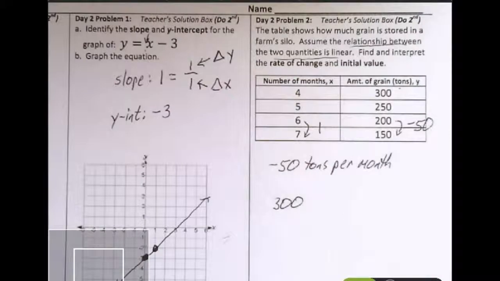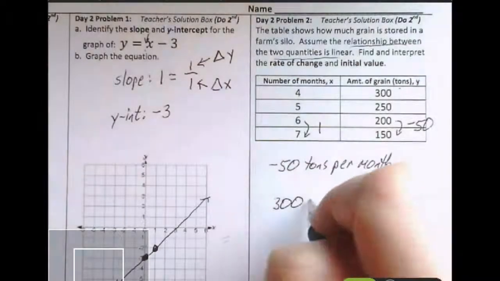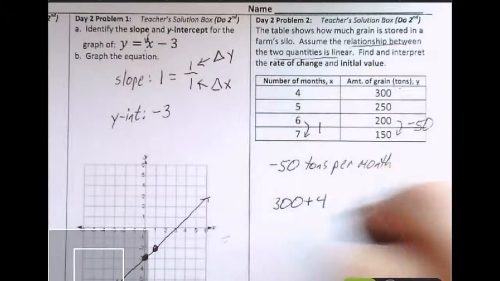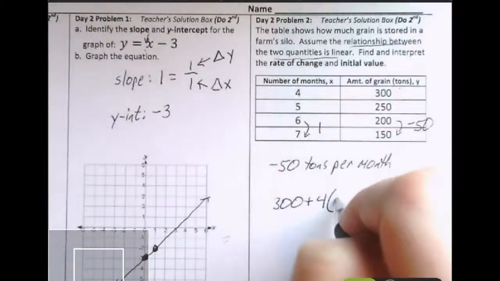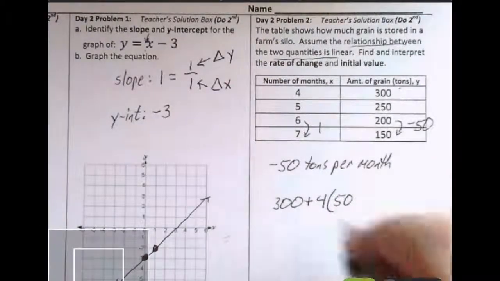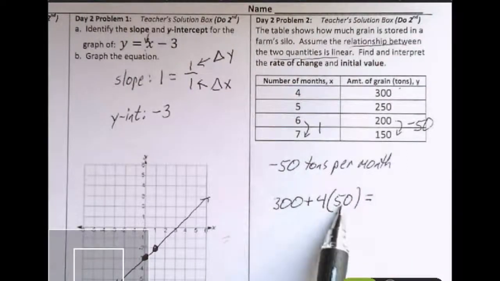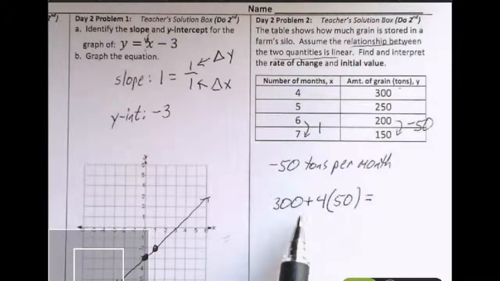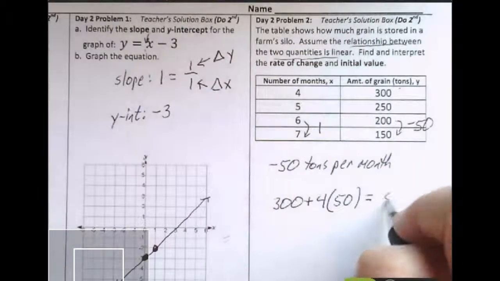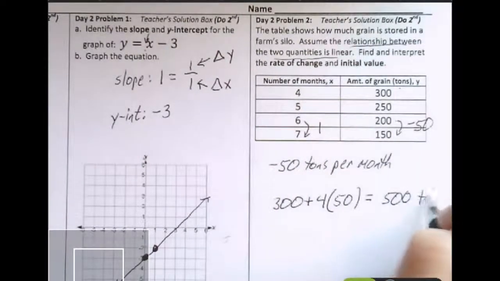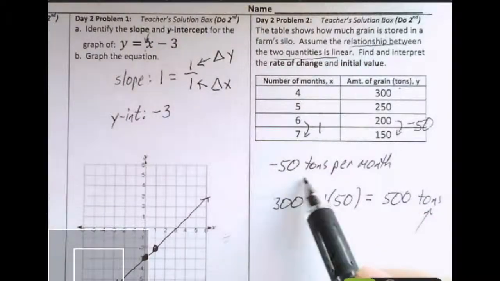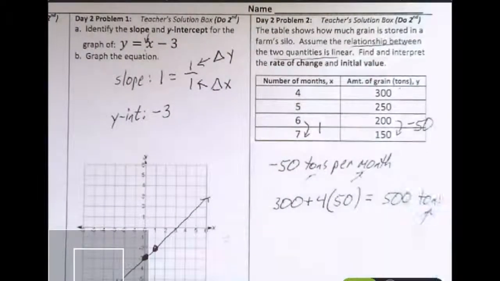In the past, there was more grain, so we're going to add on 4 months worth of the 50 tons per month. 4 times 50 is 200, and 300 plus 200 is 500 tons. Don't forget the unit here, and don't forget the units that you need up there on the rate.